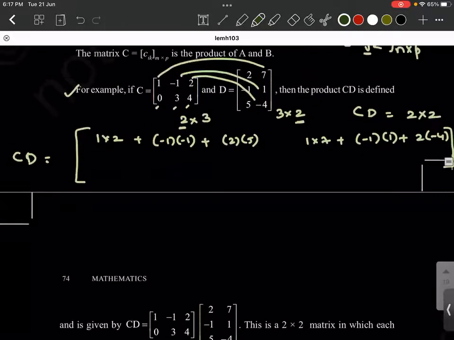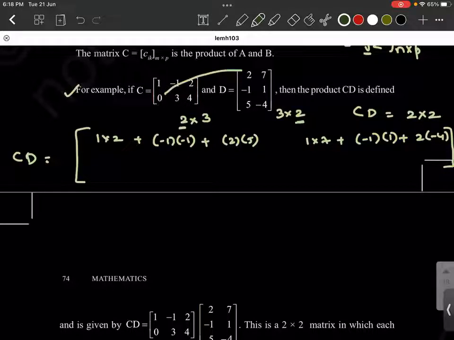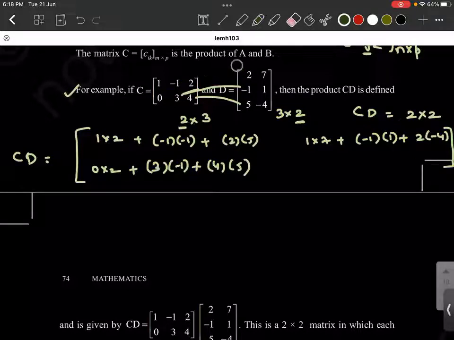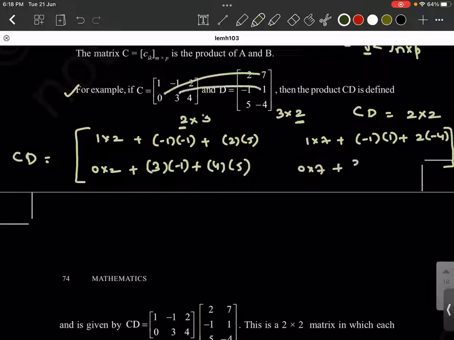Okay, next. 0 multiplied with 2: 0 into 2 plus 3 multiplied with minus 1 plus 4 multiplied with 5. Similarly, 0 multiplied with 7 plus 3 multiplied with 1 plus 4 multiplied with minus 4.